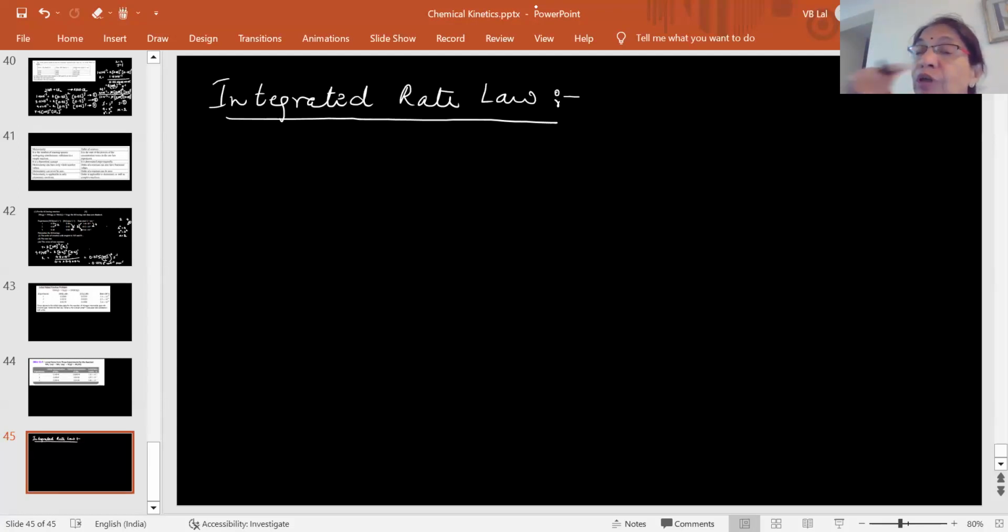When we find the rate between 2 points, we are only finding the average rate of reaction. We can calculate the rate of reaction at each instant and integrate all of them to get an integrated rate law or integrated rate of reaction, which will be more like the actual rate of reaction. So sometimes instead of just doing instantaneous and average rate, we can also find the integrated rate of reaction, and that is expressed in terms of integrated rate law.